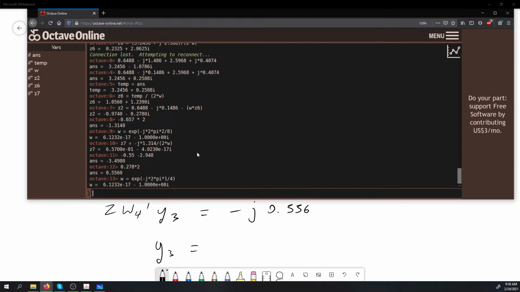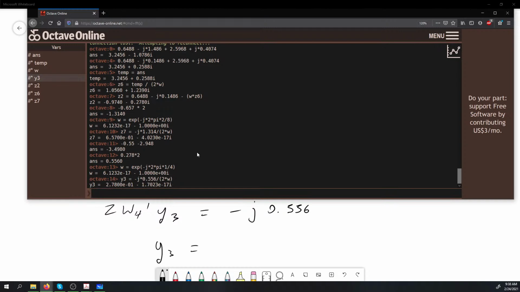So we get our w value here, and then we solve for y3, which is equal to minus j by 0.556 divided by 2 by w. And as a result, we see the imaginary value here, because e to the minus 17 is a really small value, so that's just going to be 0. And here we have e to the negative 0.1, so that's going to be 2.78 by 10 to the negative 1, so that's going to be 0.278.